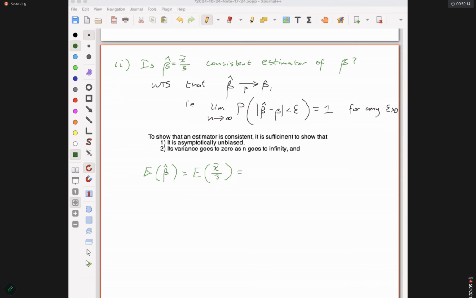Well, there's something simpler that we can do to start with. I've got the expectation of x bar over 3. I can write this as 1/3 of the expectation of x bar. That's just a matter of factoring out that coefficient 1/3. Okay, and now what is the expectation of x bar?